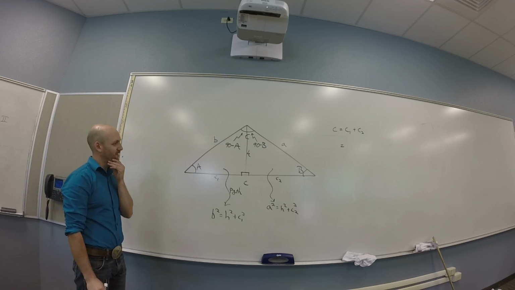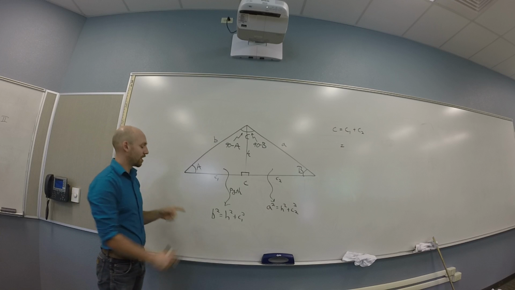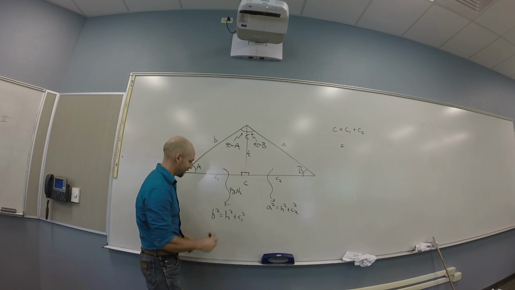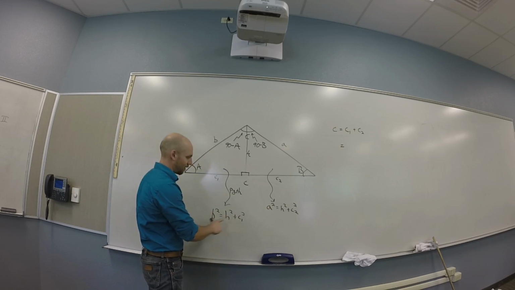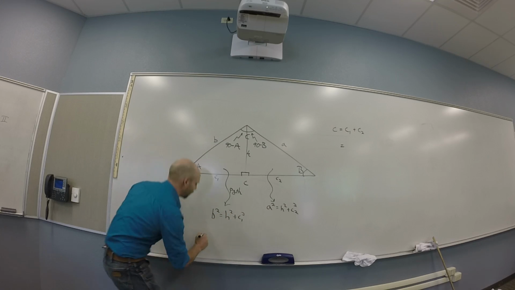Next, thoughts? You could get h alone on both of those and then set them equal to each other. That's not a bad idea. So I can isolate h squared here, right?